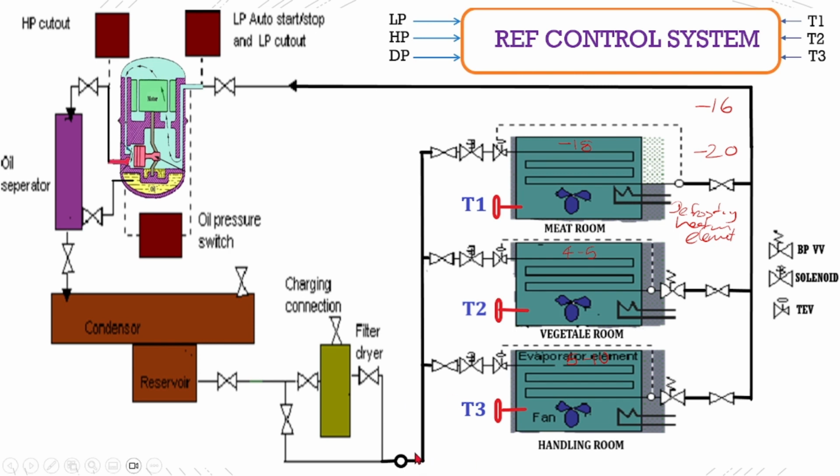And then this liquid will enter each room separately. But now let's see how it happens. For example, first start with the meat room. Let's say the meat room temperature reaches the cut-in temperature of minus 16. Then the T1 temperature switch will send the signal to the refrigeration control system.